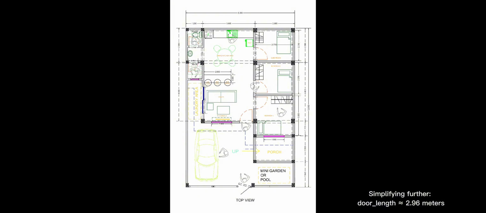Simplifying further, door length equals 2.96 meters. This value represents the width and length of the door, both of which are given as 2.96 meters. The door width and the length determine the size and shape of the door.